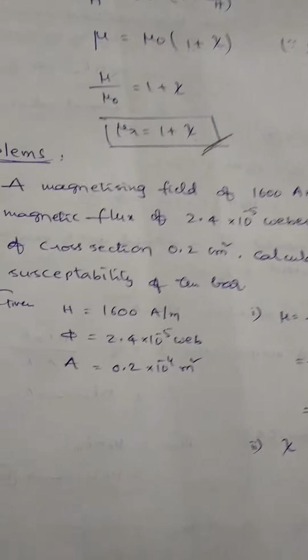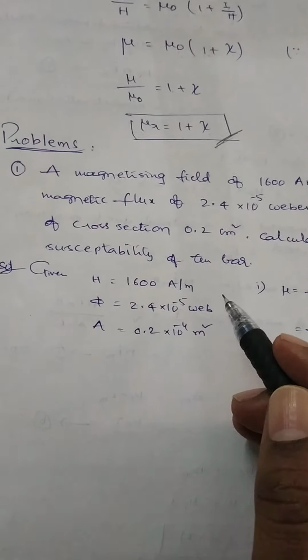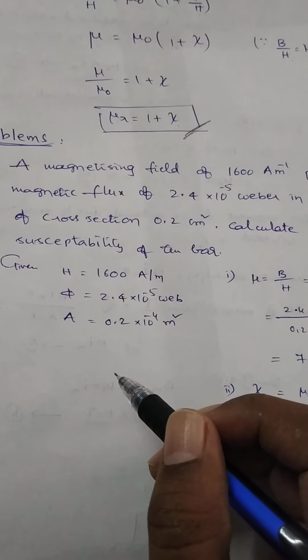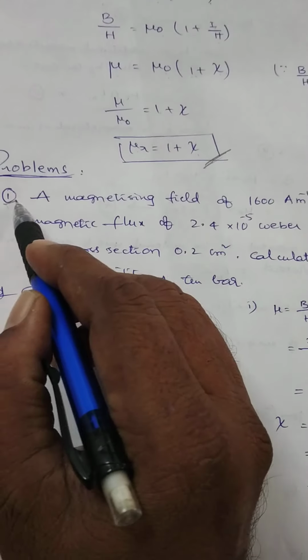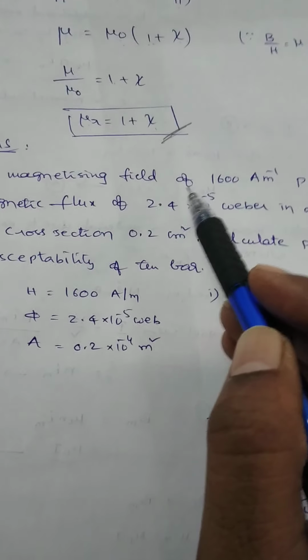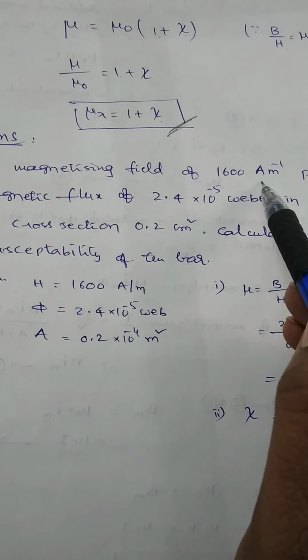Okay, my dear students, I will explain some more problems, very simple problems. First one, example 1. A magnetizing field of 1600 ampere per meter.